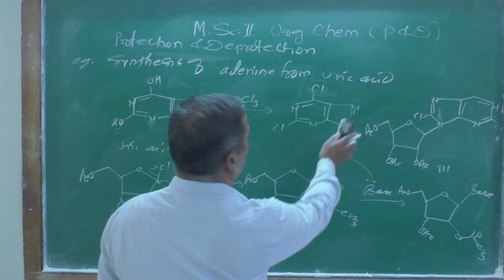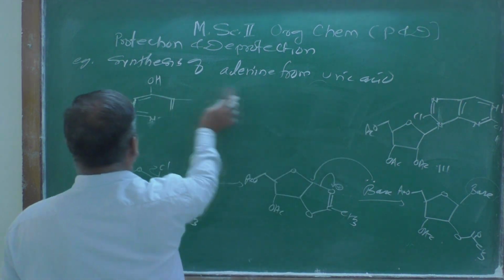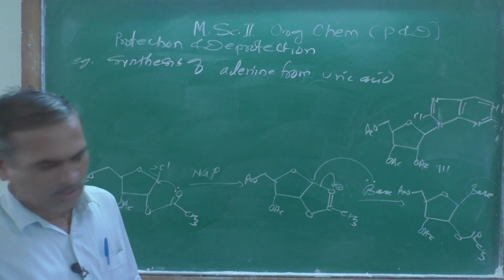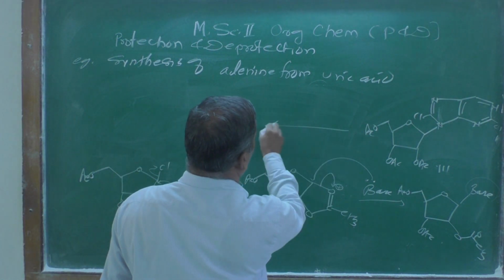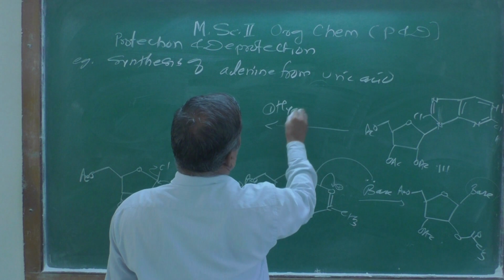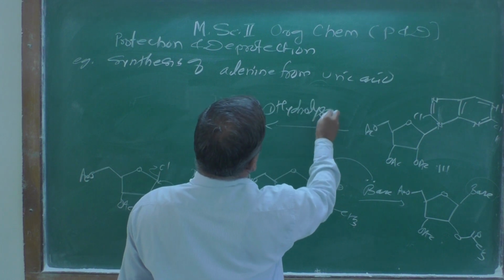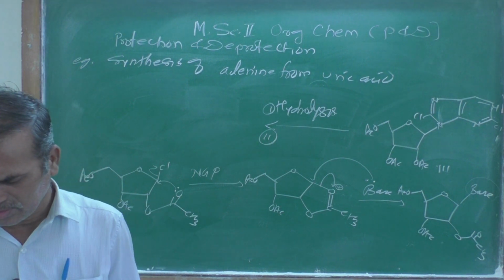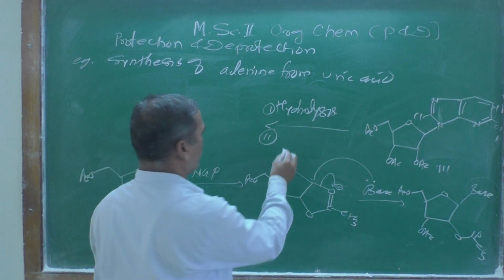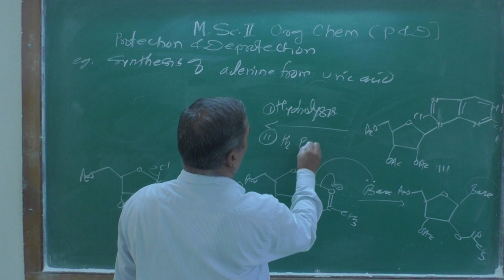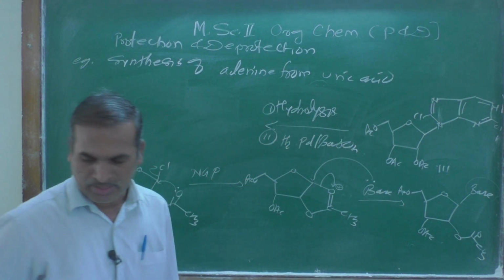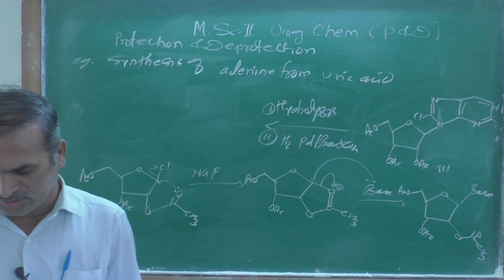Now further, this compound is treated with hydrolysis. One is hydrolysis, and the second one is H2 in presence of palladium on barium sulfate, that is the second reagent used over there.